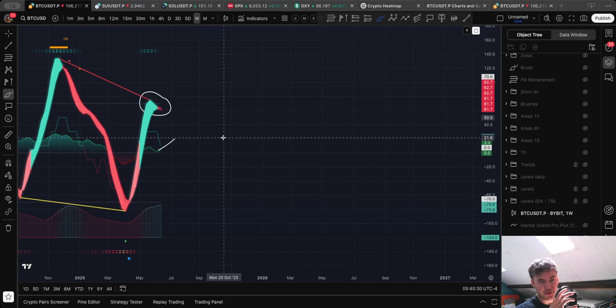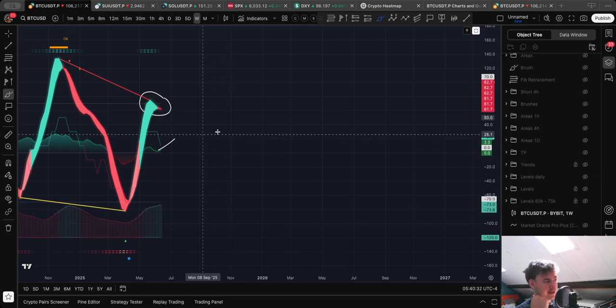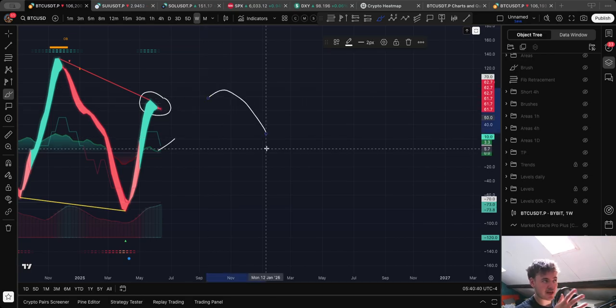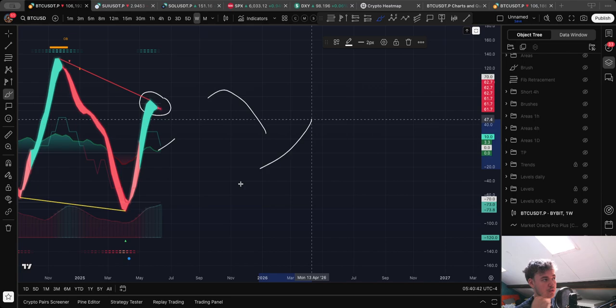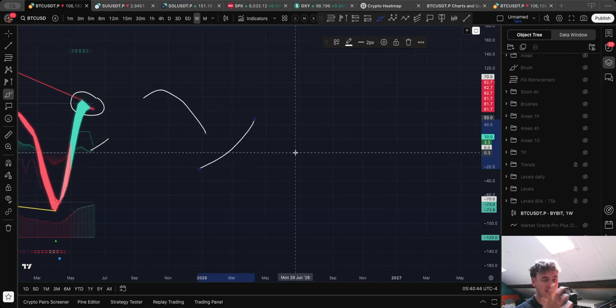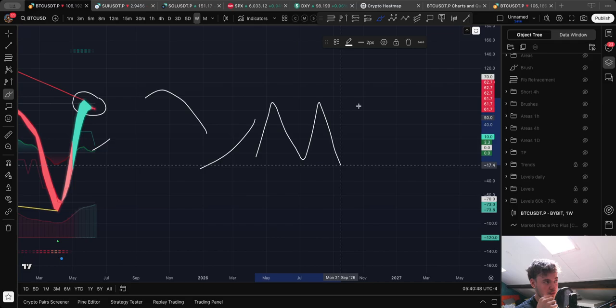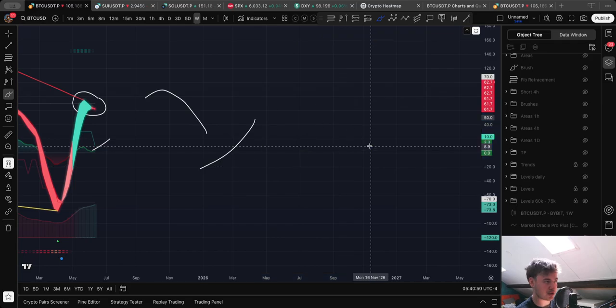So when this happens, I see this as a sort of indecision, kind of an imbalance also, because one wants to go lower and the other one wants to go higher. So in the market, this happened. It just started ranging because it doesn't know where it wants to go.